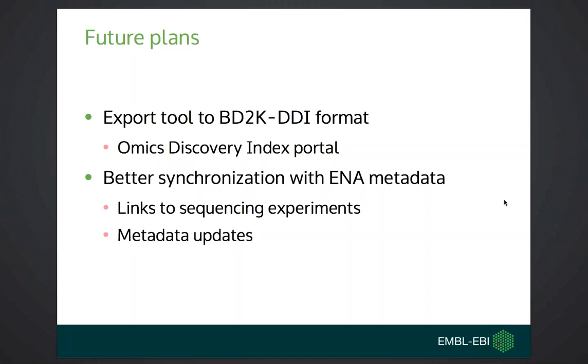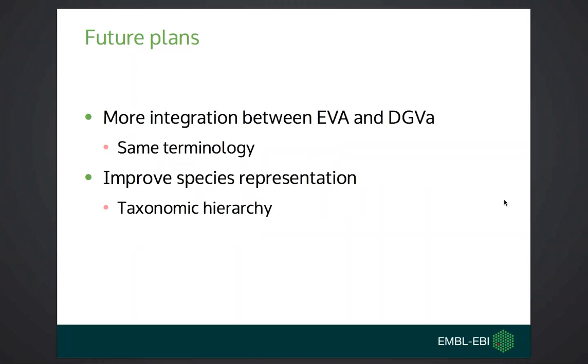There is also potential for doing more integration between the EVA and this other resource for structural variations, the DGVA. As you saw, there are small differences in terminology or in the information that's available from each of them. So we want to ensure that we use the same terminology and provide similar information from both, to improve usability and make the information less confusing for the end user.